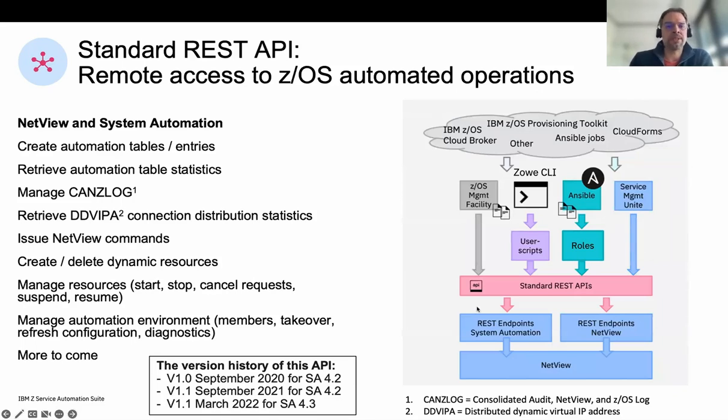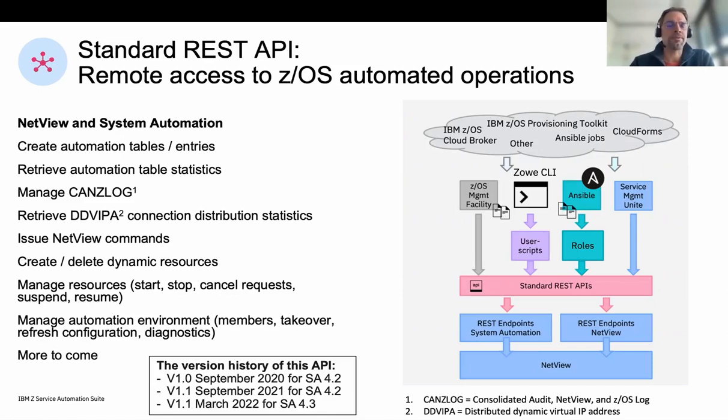The last item for the system automation side that I want to talk about is the REST API enhancements and SOE CLI enhancements that we made in the course of last year. As I mentioned before, we have standardized REST APIs for both system automation and NetView that allow you to interact with the tools, to create automation table entries, to retrieve automation table statistics, to manage canzlog data, to retrieve distributed Db2 statistics.